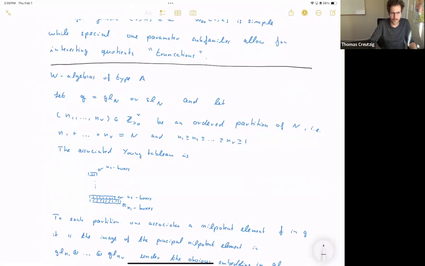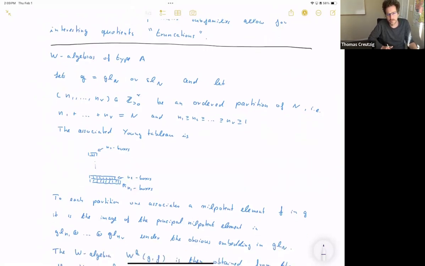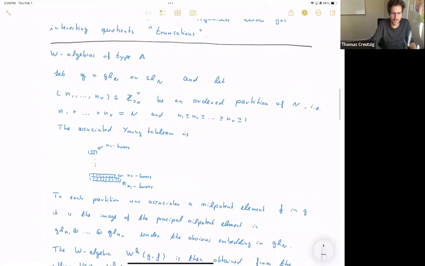Okay, and now to each such partition, one associates a nilpotent element in G, and you can imagine what this is.